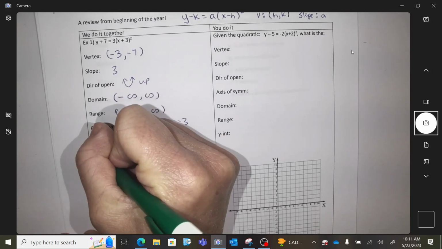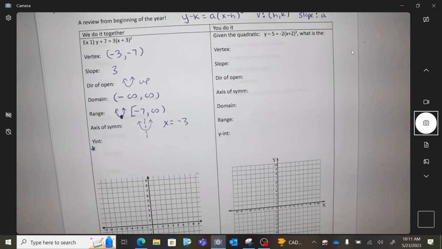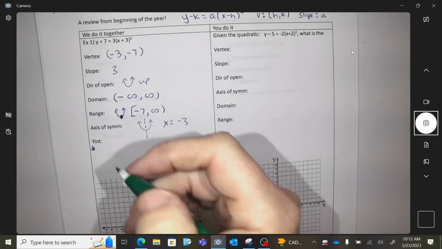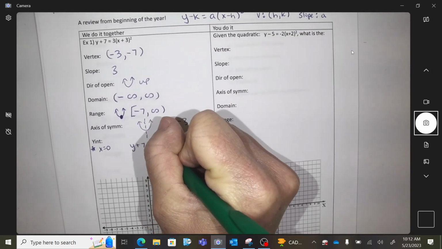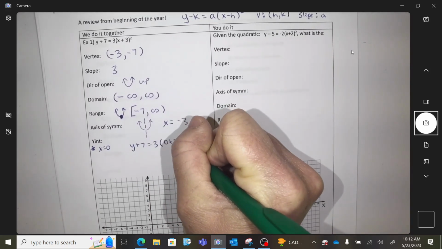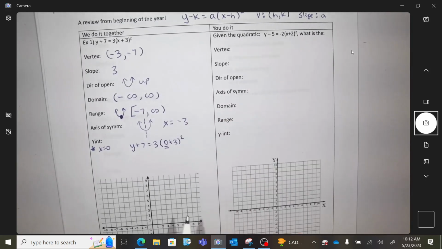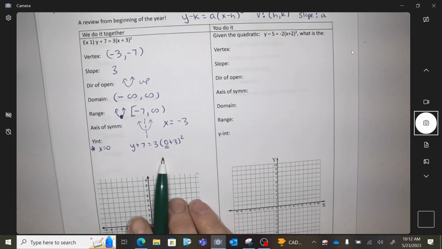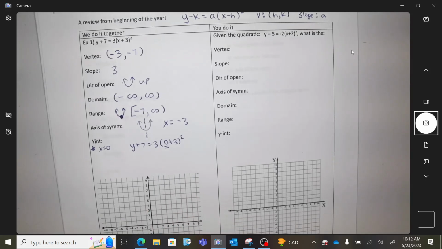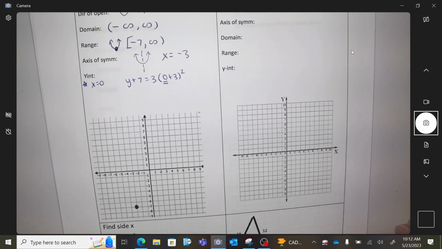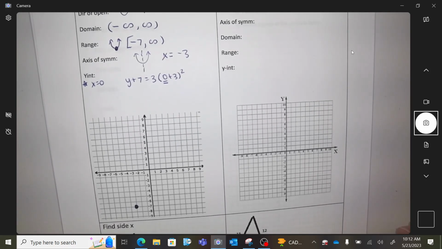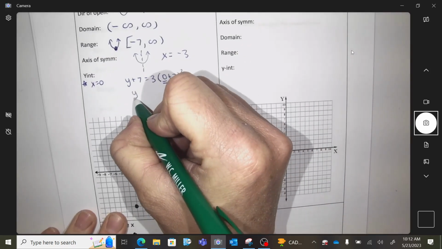And the y-intercept, what is the definition of a y-intercept? It is where x equals 0. So I'm going to use my equation and I'm going to replace x with a 0. Okay, so what's the math on that?